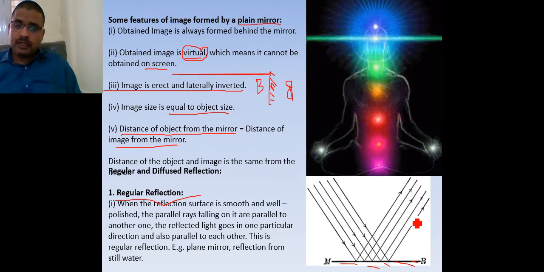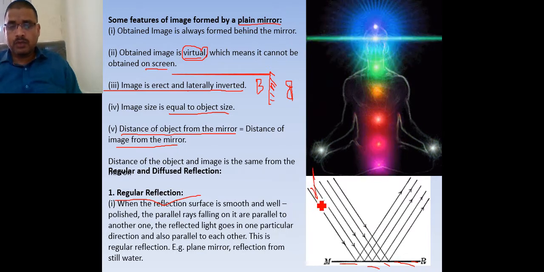This kind of reflection is called regular reflection. You can observe from here, there is a source, and these are the incident rays coming from the source.